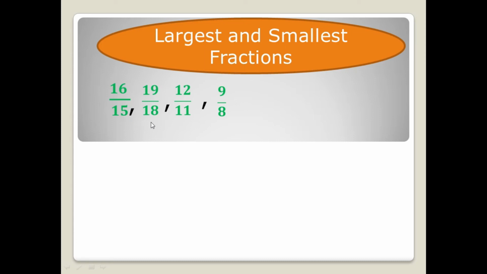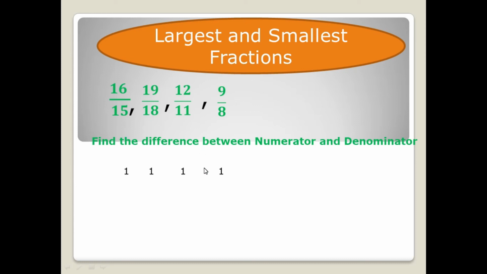So when the numerator is greater than the denominator, the fractions are called improper fractions. The initial method will remain the same, find the difference between numerator and denominator, and we find that once again the difference is the same among all these fractions.